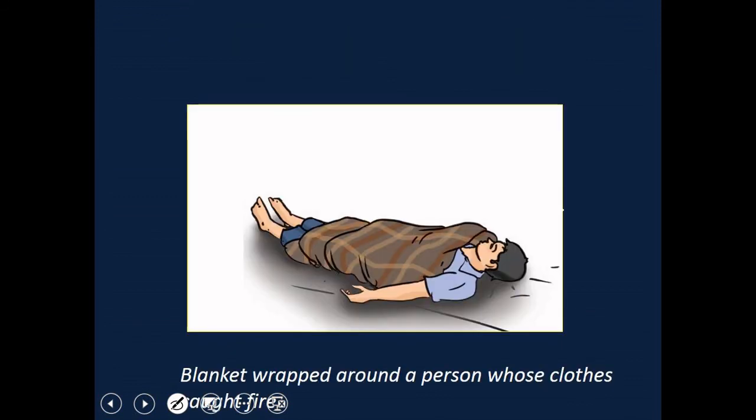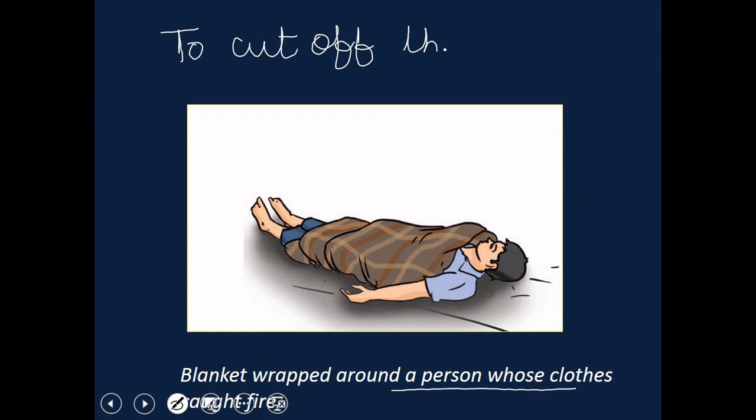And in the third case, all of you know, you might have heard that when the clothes of a person catch fire, the person is covered with a blanket. What is the reason for covering the person with the blanket? The reason is that the clothes of the person have caught fire. So if you cover that person with a blanket, you are going to cut off the supply of oxygen, to cut off the air supply.